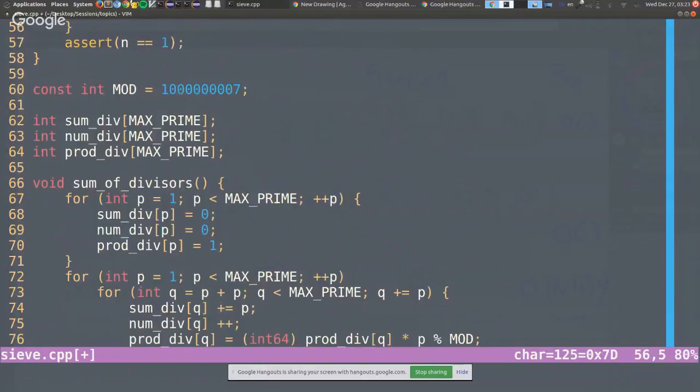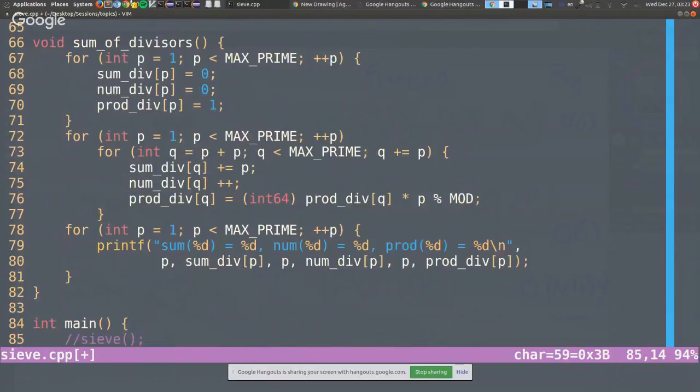So basically this was the sieve and the factorization. And for the factorization, there are other algorithms that could do it, like Pollard's rho.